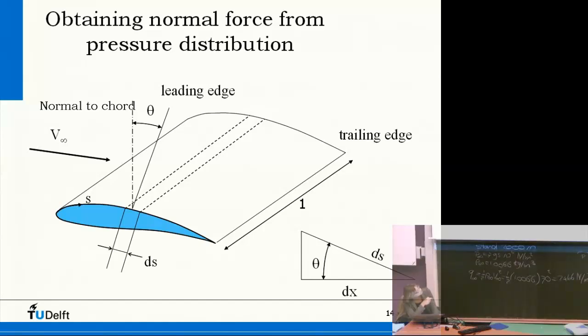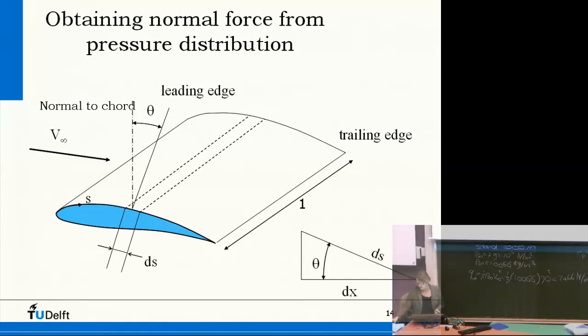Because s is normal to the pressure, and the chord is normal to the normal force, I also have a theta between ds and dx. You agree? I'll use that later. No, you don't agree?